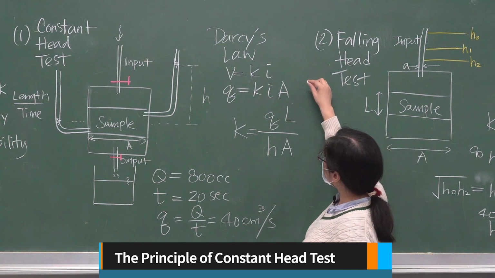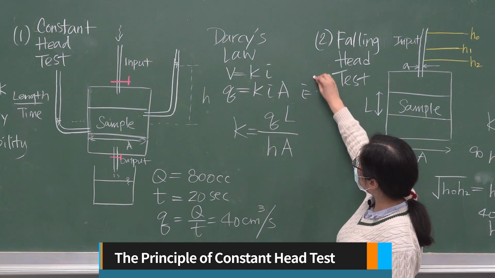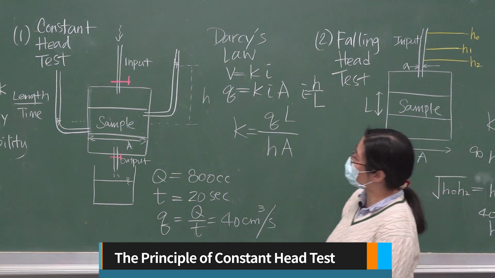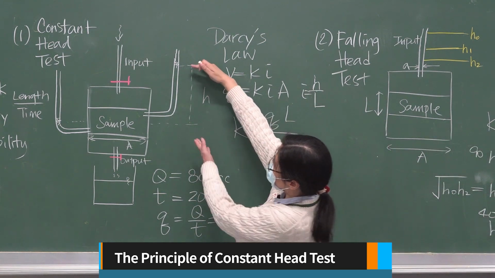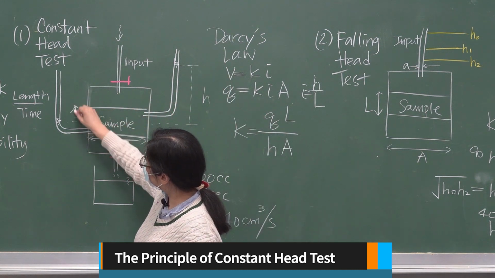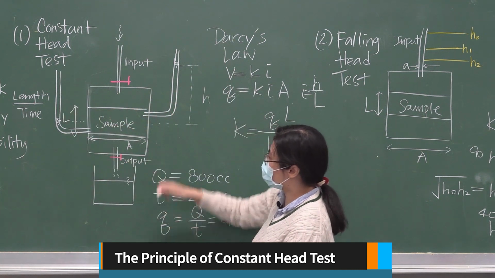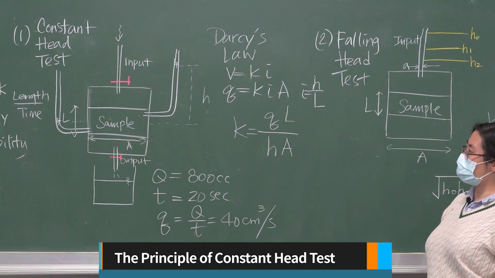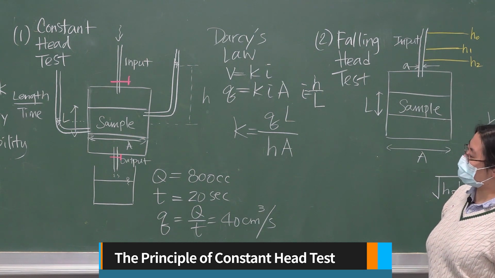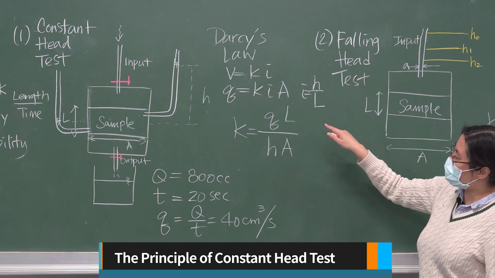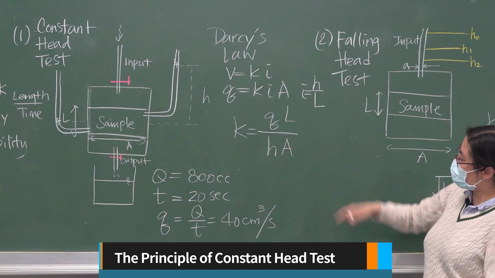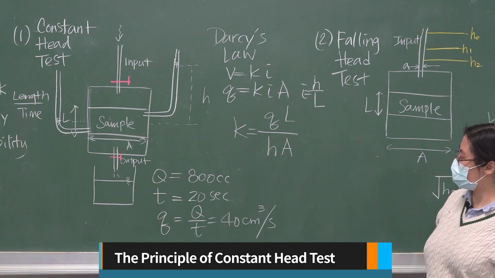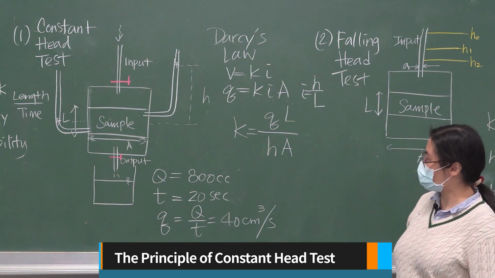And i is equal to the head difference divided by the length. In this case, h would be this distance, and the length would be the length of the sample, which is this distance here. If you follow the derivation from your soil mechanics class for the constant head test, the hydraulic conductivity can be calculated using this equation. You will need to look for the derivation in your soil mechanics reference textbooks.